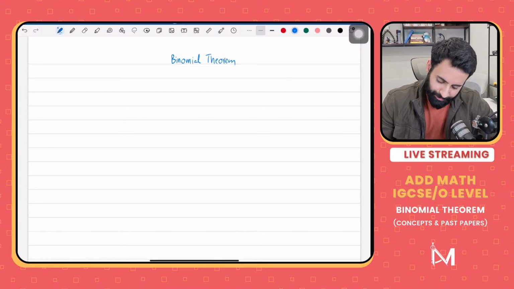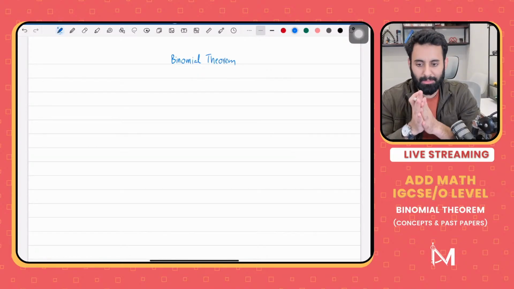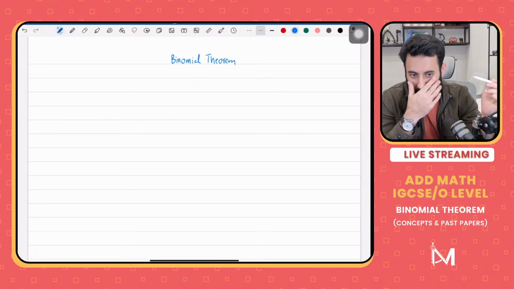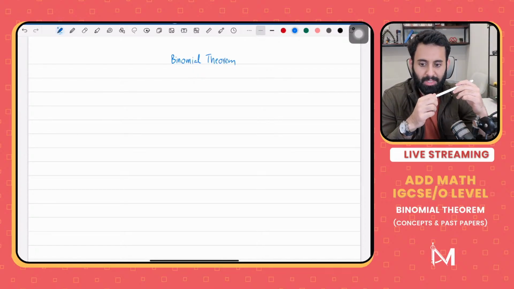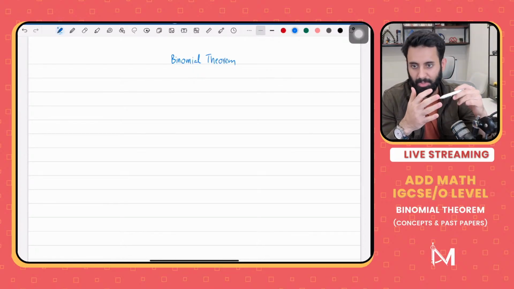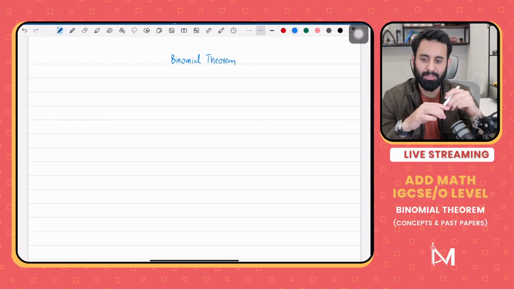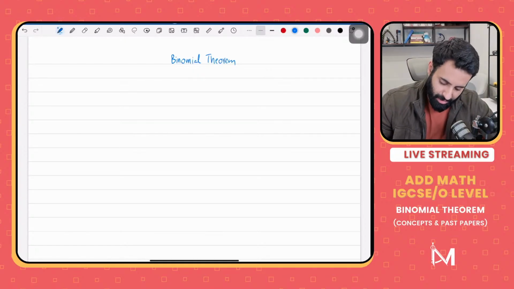First of all, this topic comes under series. If you go through the syllabus, you will notice there's series, there's no binomial theorem, and no APGP listed separately. Under series, you have binomial theorem and APGP.